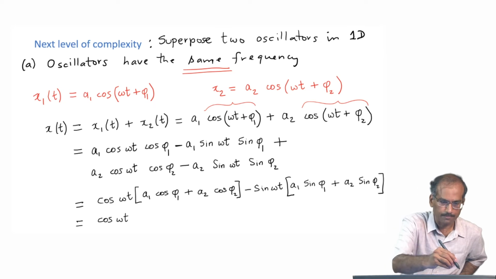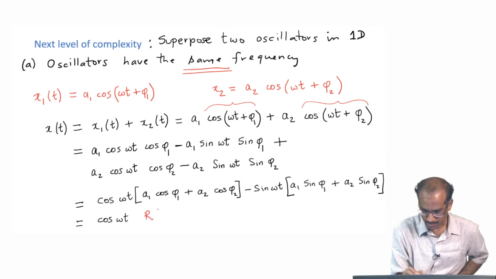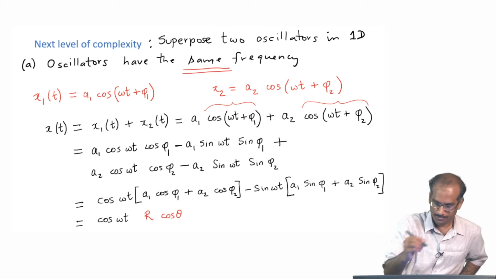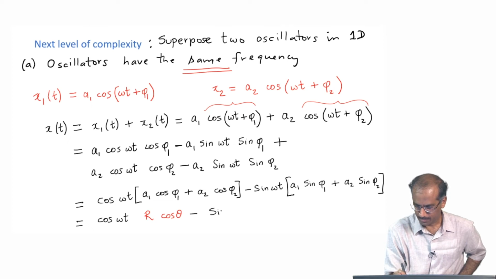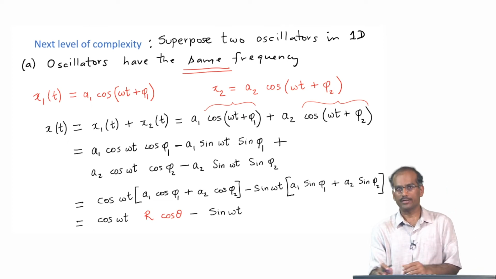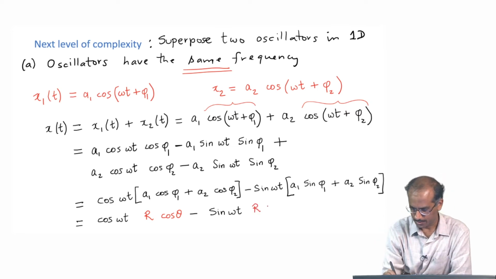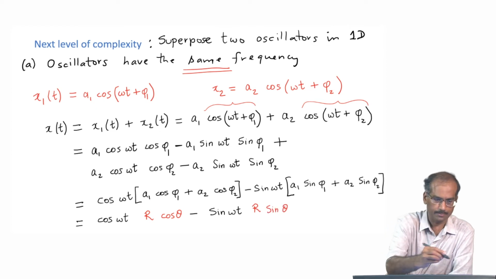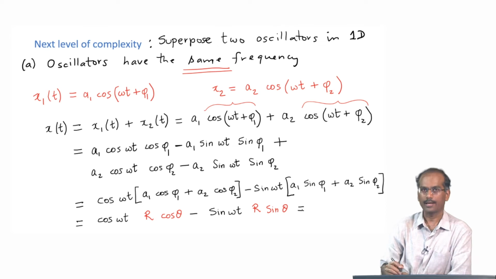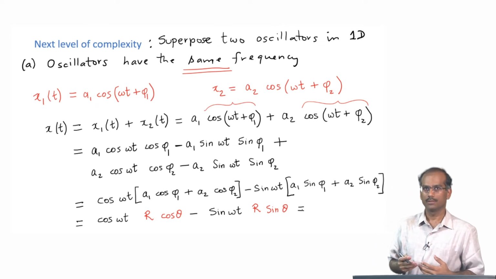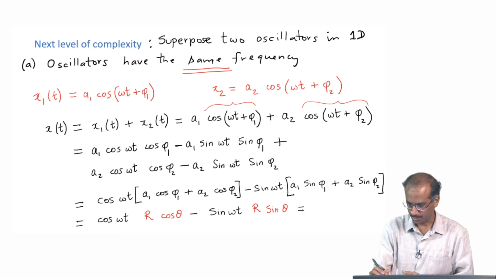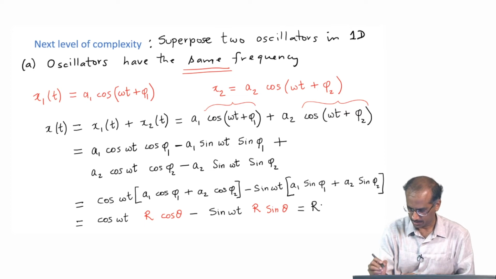So, I could write it as some other constant times cos theta, minus again sin omega t. So, the quantity within the bracket here is also a constant. So, I will write it as r sin theta. Now, what I have is simply another cos(A plus B) formula. This can be written as r times cos(omega t plus theta).